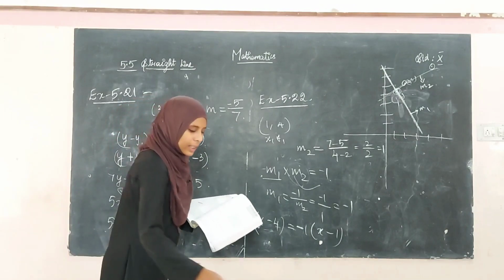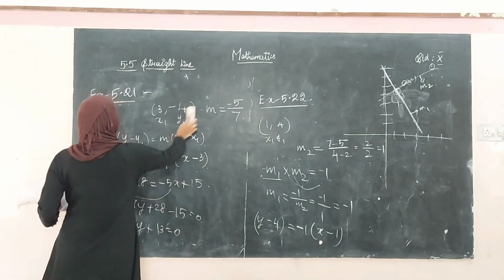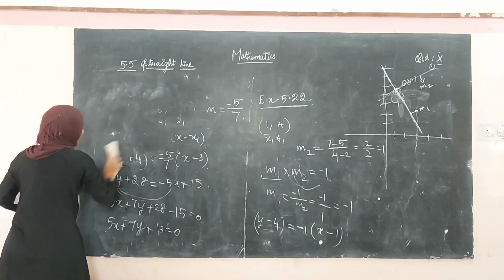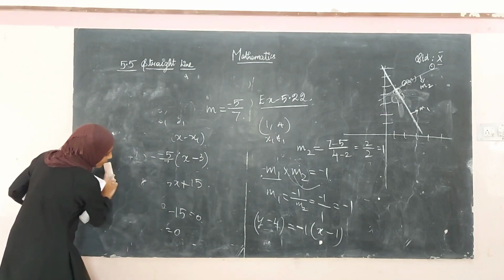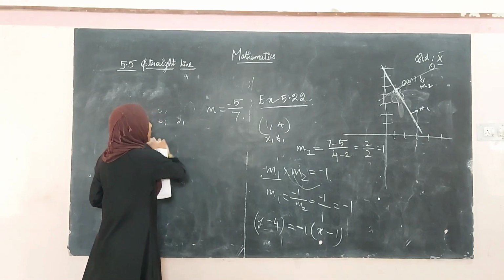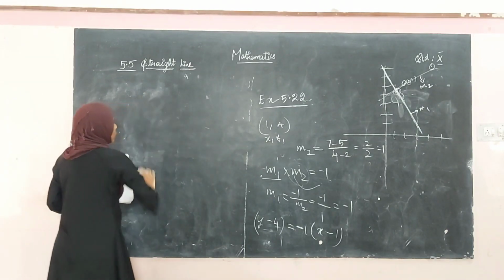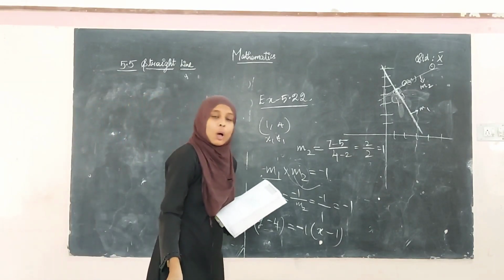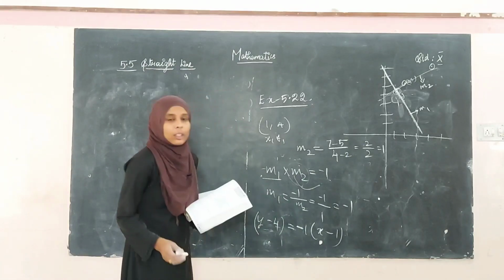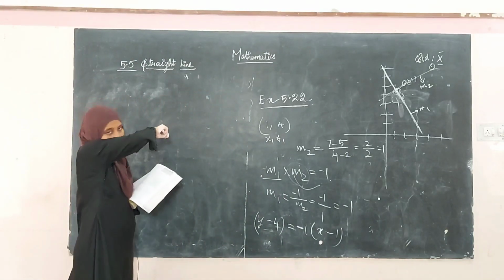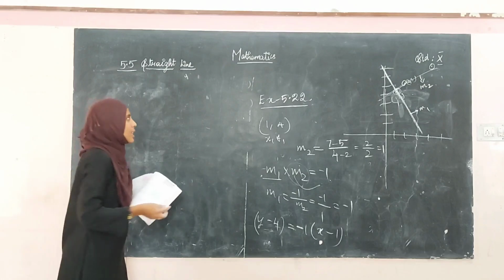Okay, so now see the next method, it is the 2-point form. We have to find the equation of the straight line when 2 points are given. Before this, what did we see with 2 points? We found how to find the slope of the straight line when 2 points are given, that is change in y coordinate divided by change in x coordinate.